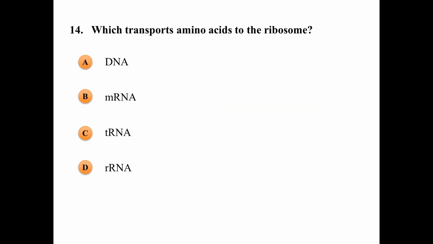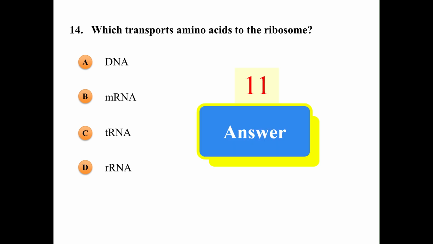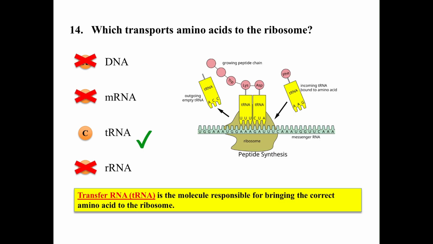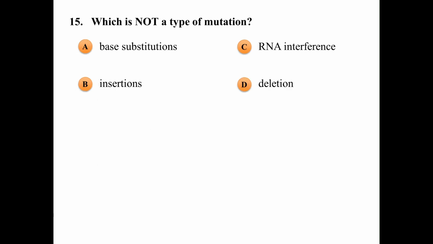Which transports amino acids to the ribosome? The correct answer is C, transfer RNA, which is not a type of mutation.